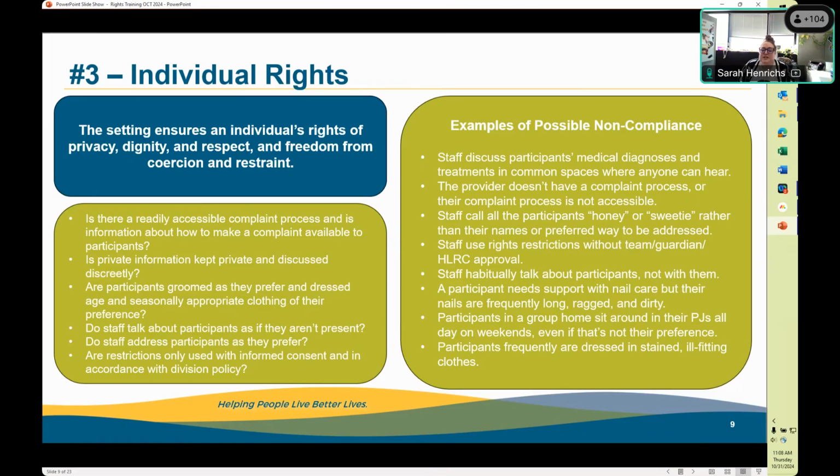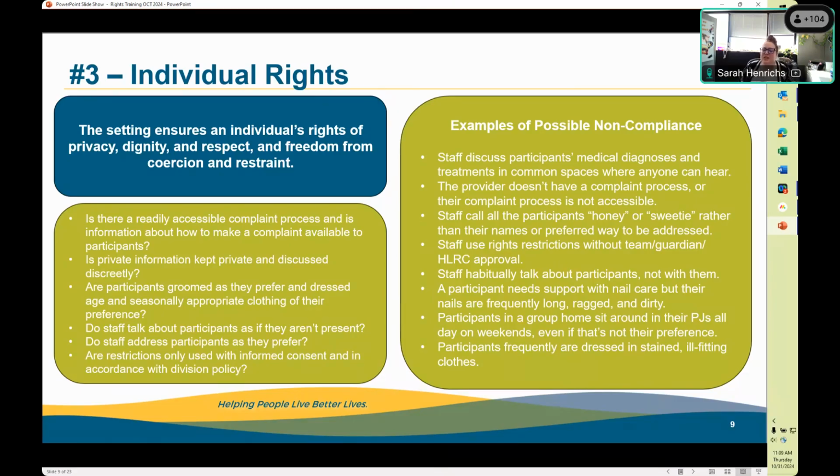If a participant needed support with nail care, but their nails are frequently long or ragged or dirty, or participants in a group home sit around in their PJs all day on weekends, even if that's not their preference. And I talk a lot about preference in some of these because if it is a participant's preference to use children's coloring books or to always be in PJs when they're not out in the world, that's their preference, and, you know, if that's the person's preference, that's fine.